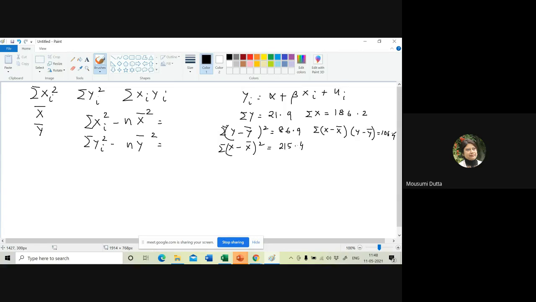So first you have to find out alpha hat, beta hat. We will start with beta hat. And the formula for beta hat, what is that? Summation xi minus x bar into yi minus y bar by summation xi minus x bar whole square.